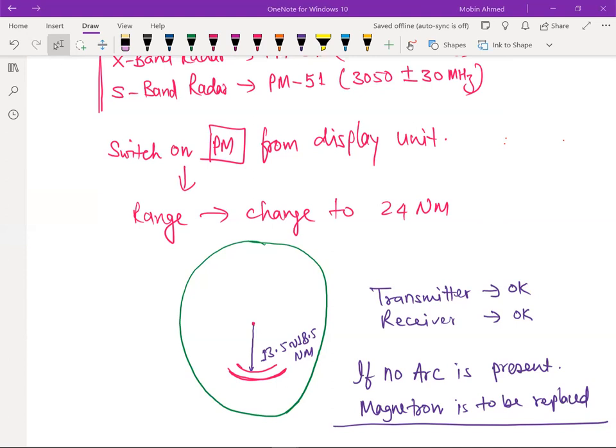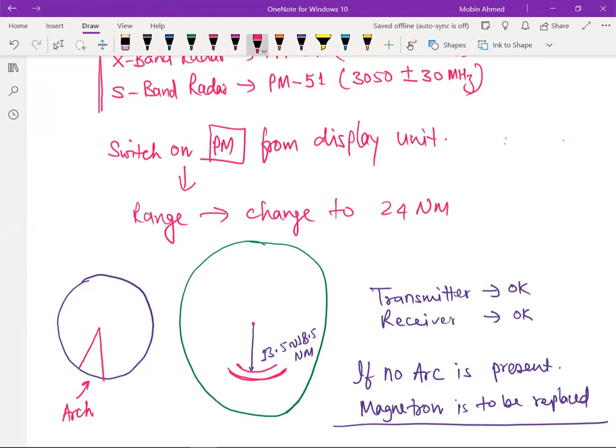Arc. What is arc? Arc means arc and sector, no? In the circle. There is a maths question, you are asking me arc. So this is known as an arc.